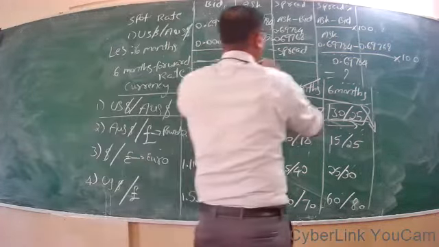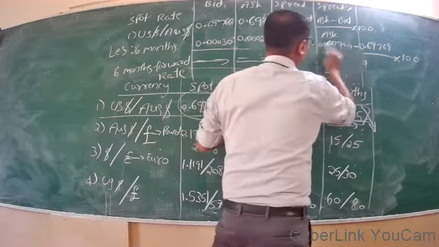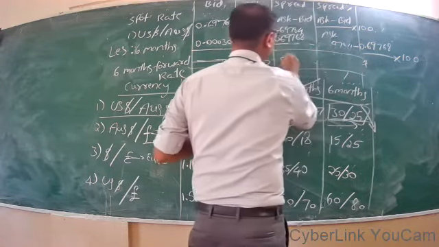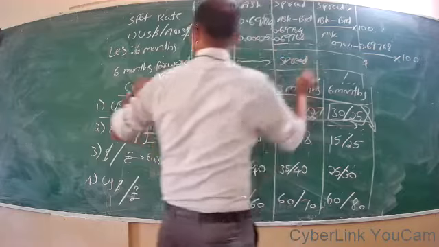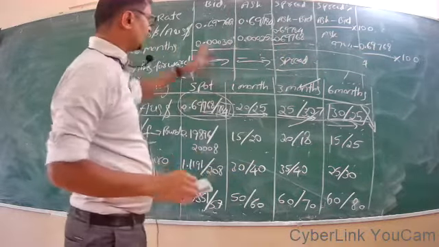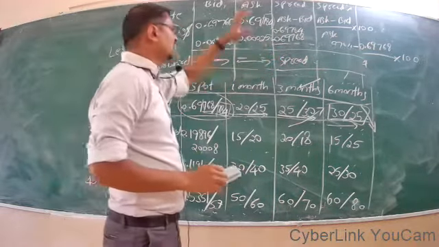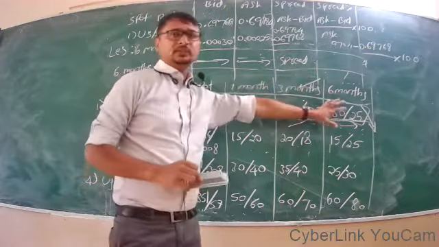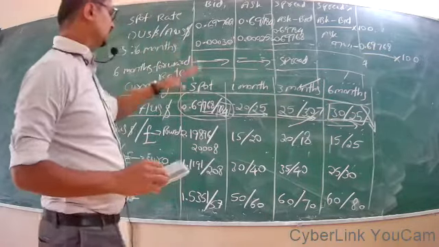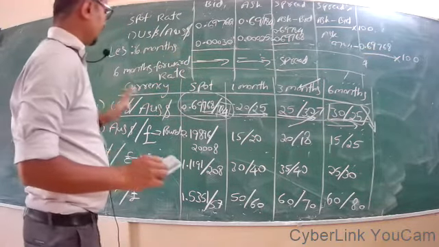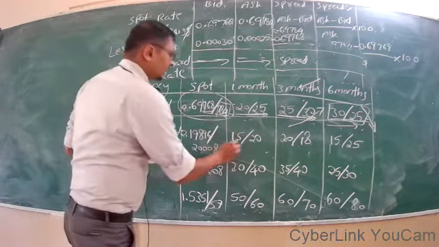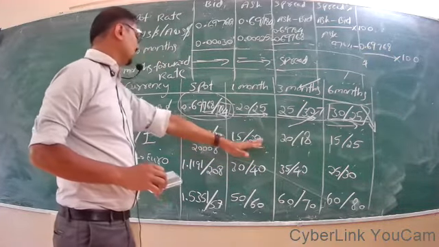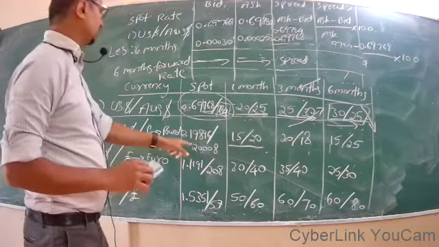Again, you have to calculate spread for 6 months. You have to calculate spread and spread percentage for the 1 month outright rate, 3 months outright rate, 6 months outright rate. So while calculating, you need to remember that if the swap point or outright point is in increasing order, then you have to add it to the spot rate.